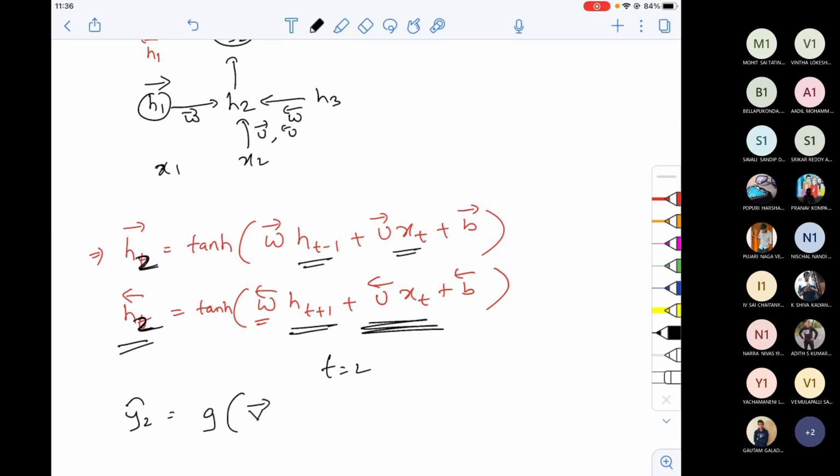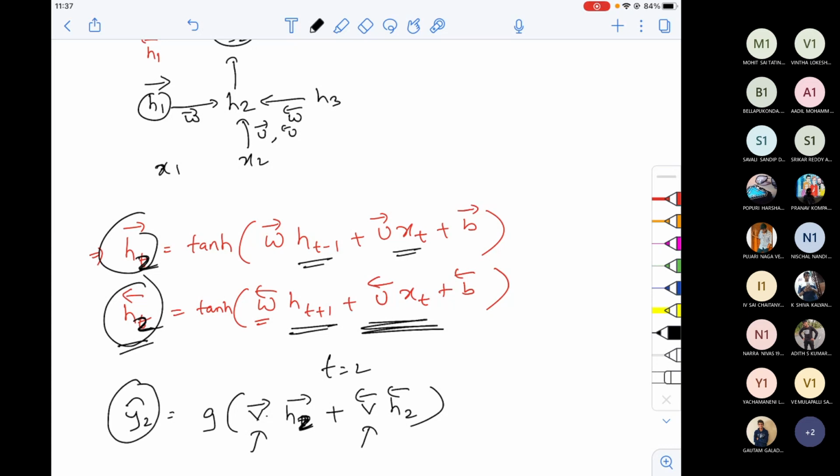So I'm taking another weight matrix: V bar in the forward direction with HT bar in the forward direction, that is H2 here in our case, plus V in the backward direction with H2 in the backward direction. Whatever hidden states I have, I'm multiplying them with the corresponding forward and backward V values, based on which I would get some score of the output.